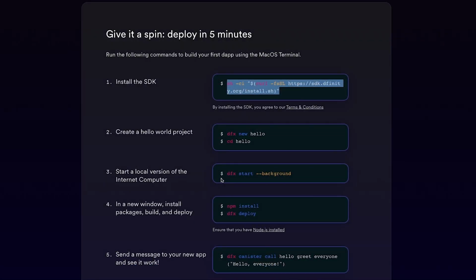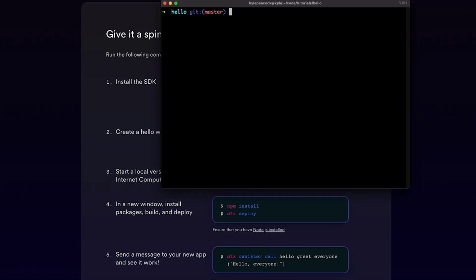Now that we have our project, we can start a local version of the Internet Computer with dfx, the command start, and background will have it run in the background.